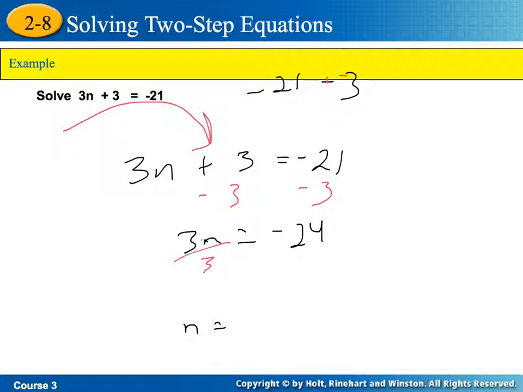By dividing. Man, we're doing a lot of threes in this problem. Subtract 3 first, divide by 3 second. Take -24 divided by 3, it is -8. Why is it negative? Negative divided by positive is negative. I hope you were saying that. All right. So our answer is -8.